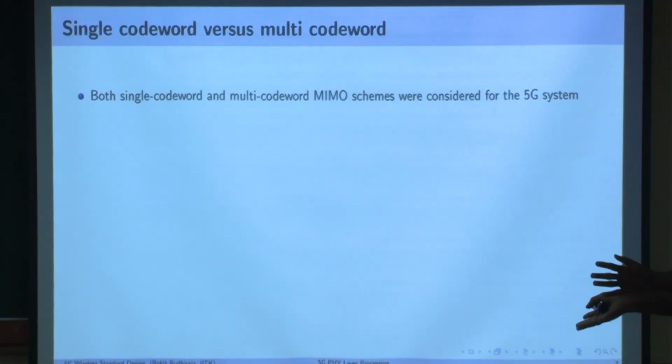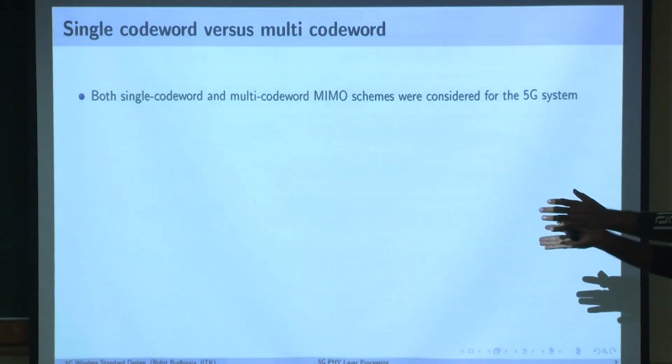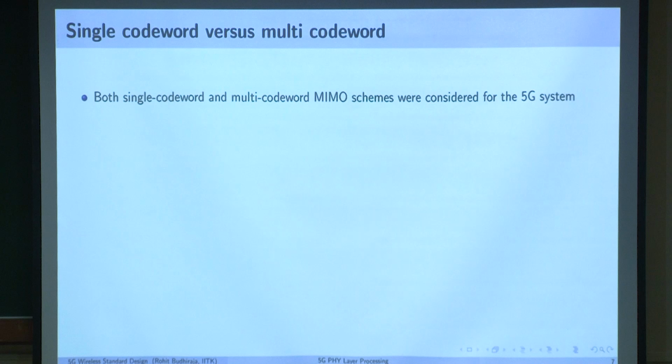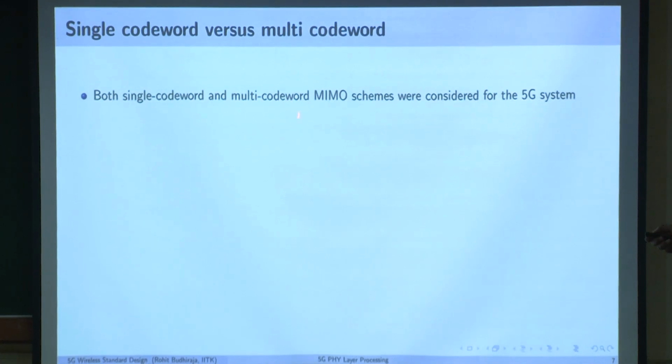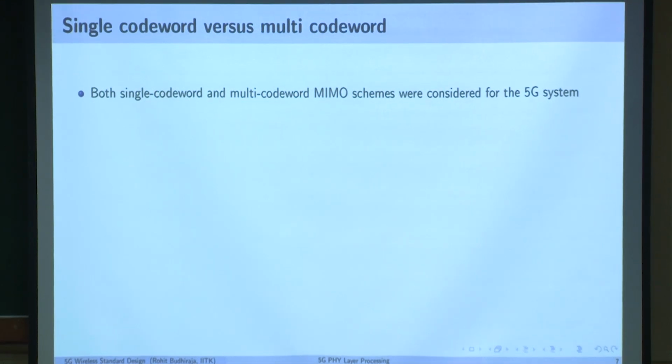A similar architecture is there in 4G also. These decisions I am talking about, we got to know from 4G days, so this is applicable here for 5G also. Both these architectures were considered, single code word and multi code word MIMO architectures.